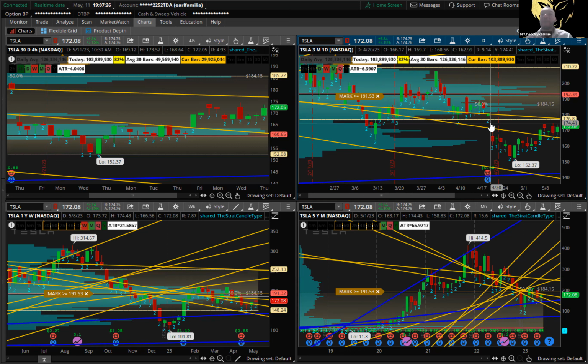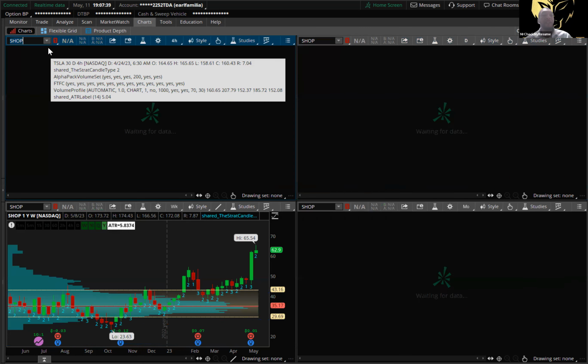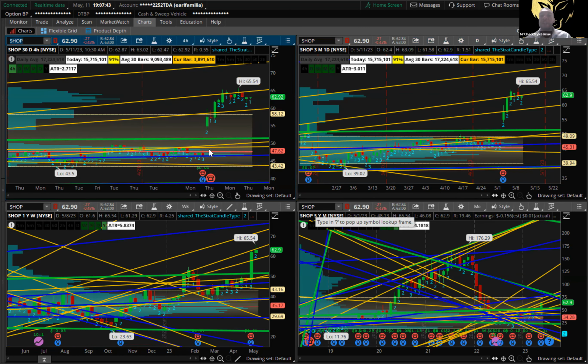It does have a gap to fill though, back to 177.65. So there's a potential for that move. I would say it's just been my experience that 0 day hasn't been like that hitter on Tesla, but I know that it just does what it wants to do when it wants to do it.